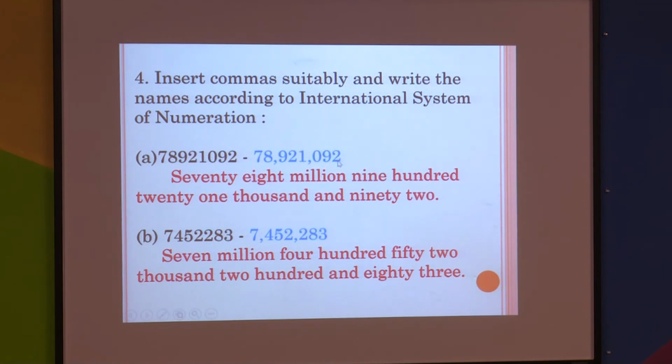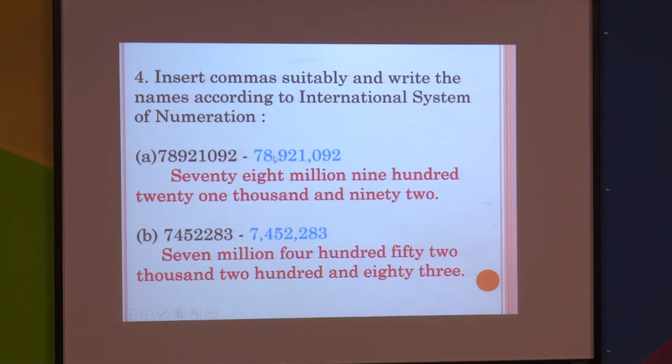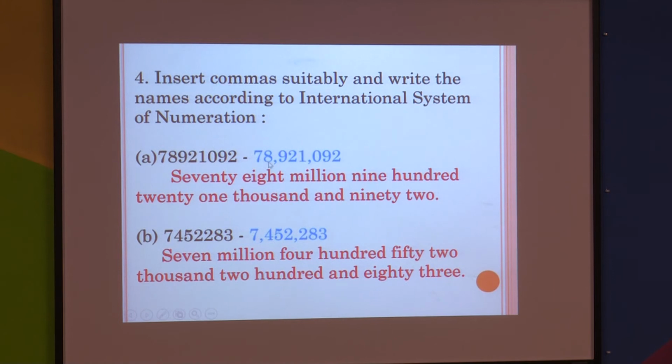Let us give the commas, ones, tens, hundreds, the comma comes between 1 and 0, 1000, 10,000, 100,000, the comma comes between 8 and 9, separating millions and 10 millions. Let us read the number now and write it as well. 78,921,092 is the International System of Numeration.